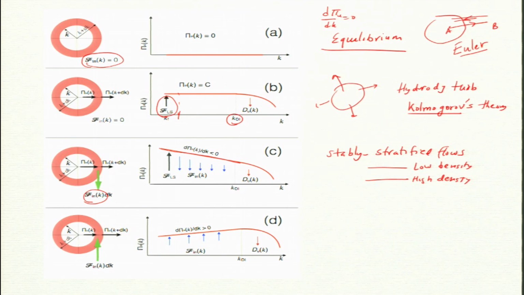So, whatever energy you try to feed in, gravity will, in fact it turns out, which I show in those research papers, because of the stability of the system, the external force, which is buoyancy, will take the energy out. So, we can show that this is negative for a stably stratified system.